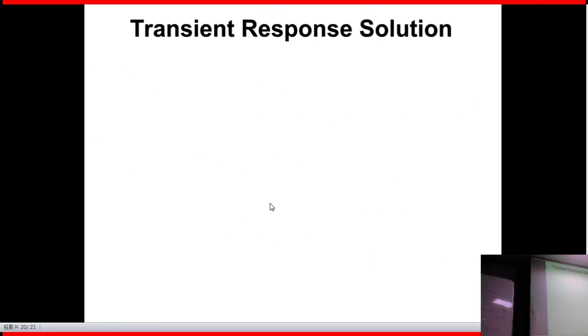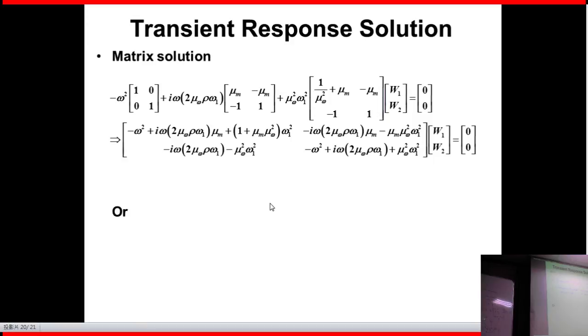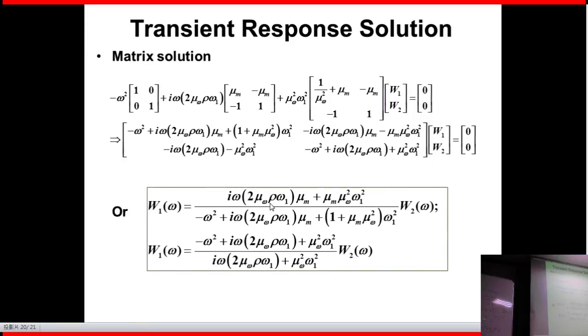We talk about the steady state response, and this shows how your two mass and your system move together.